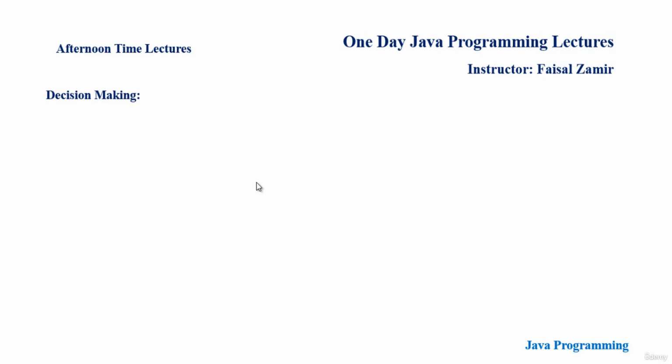Now, what is the meaning of a decision making structure? This is a structure in which you have to provide a condition. On the basis of the condition, your code will execute. For example, if A is greater than B, this is a condition. When this condition returns true, a specific code will execute.